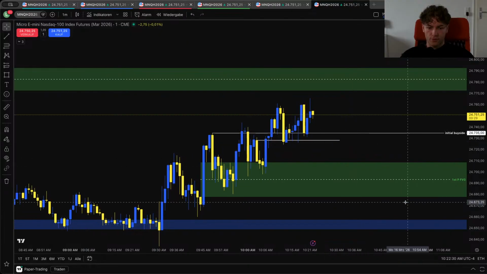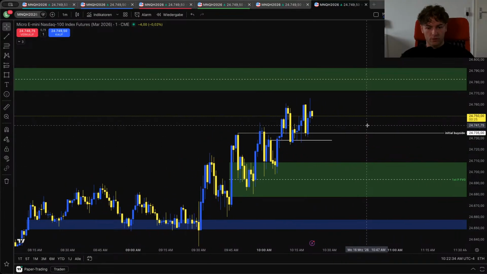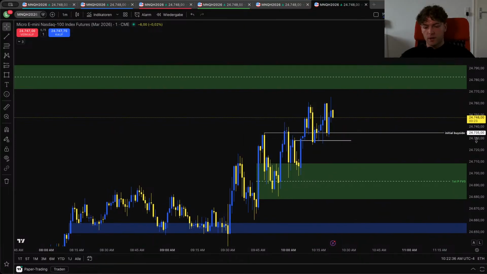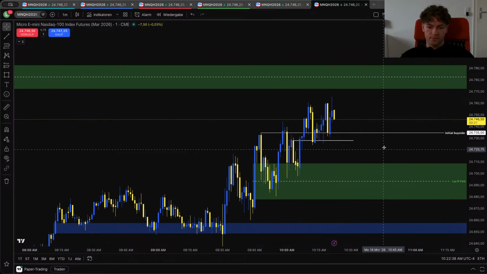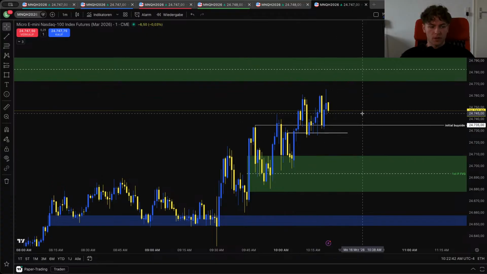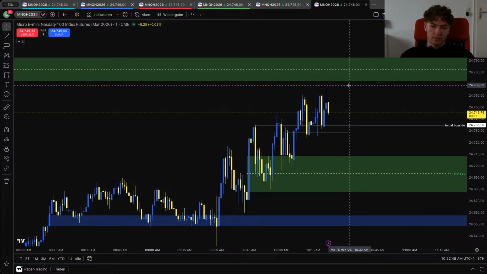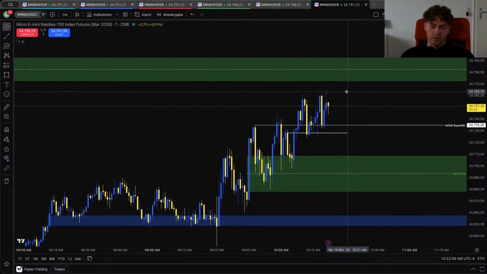So after the first hour of trading, I'm looking for market maker sell models or buy models, depending obviously on the market structure, after 10:30. So usually 10:30 to 11, and especially 10:50 to 11:10, the macro time window.